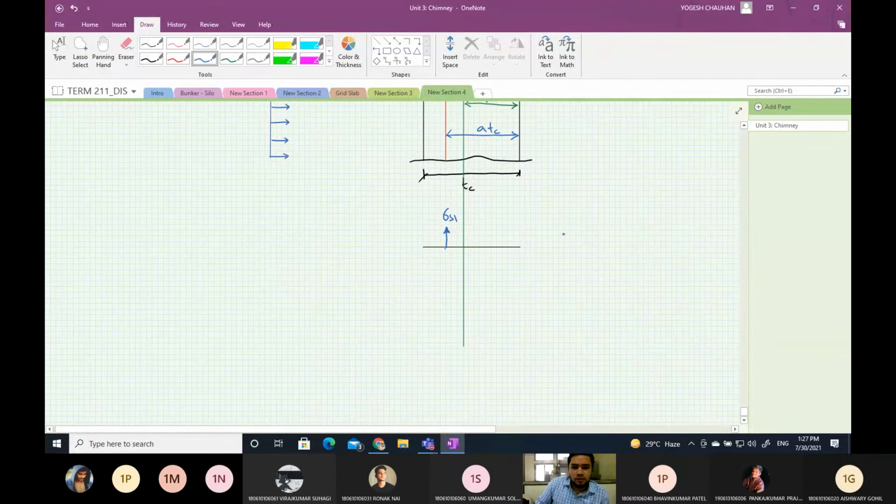So this is the combined stress due to self weight and wind load on the windward side.